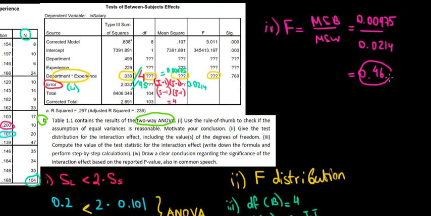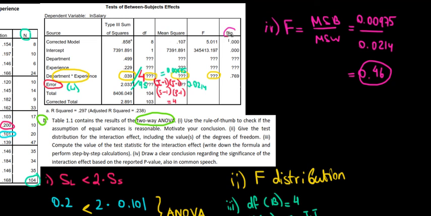Intuitively, we can see that the F value is quite low, meaning that the variation between the groups is almost the same as the variation within the groups. So we shouldn't have a reason to think that the variation between groups is significantly higher, so that the means differ. But let's check it for sure.